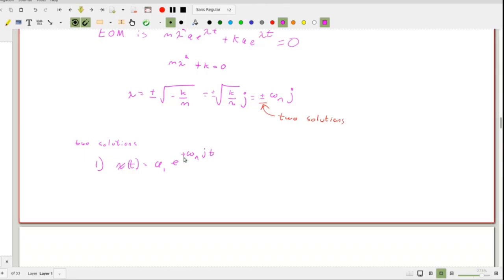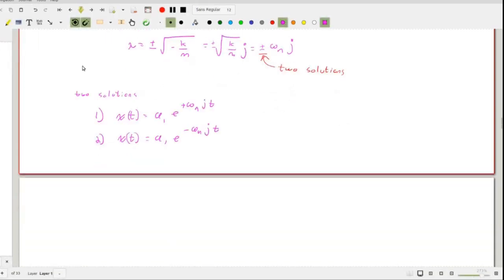I'm going to put a positive sign there just so we're explicitly clear, not needed. And then 2, x(t) = a1 e^(-ω_n j t). That makes sense? Any questions about that so far? Okay, so those are our 2 solutions. And they're only valid for linear systems.